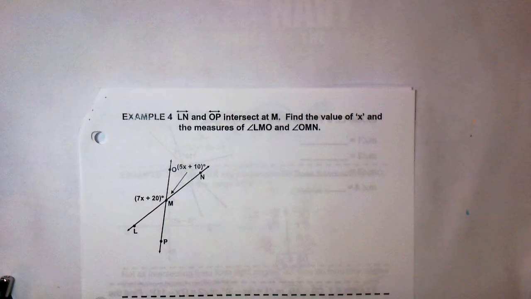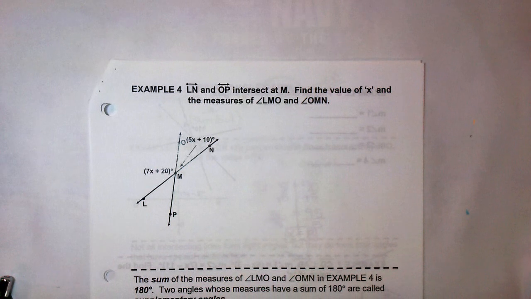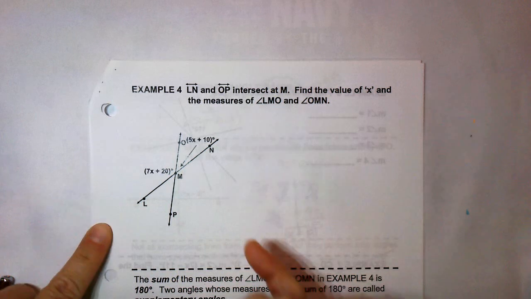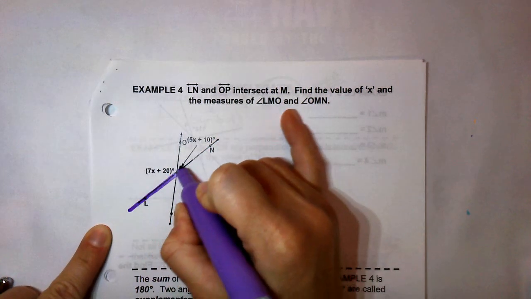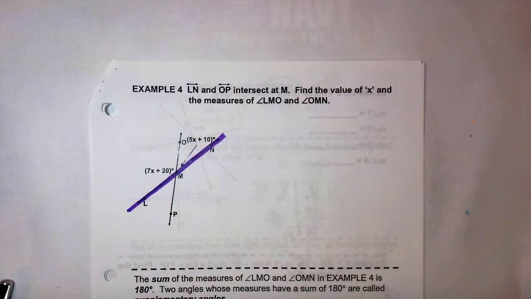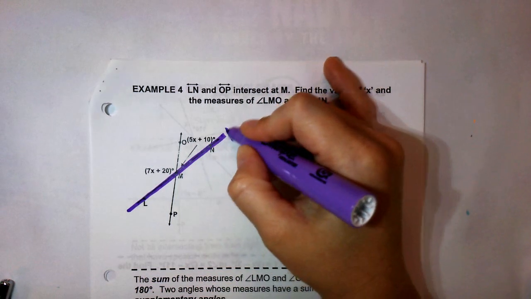This one's not as bad. So this time, do I have vertical angles? Are they across from each other? No. They're sitting next to each other, and they make a straight line, which means they make 180.